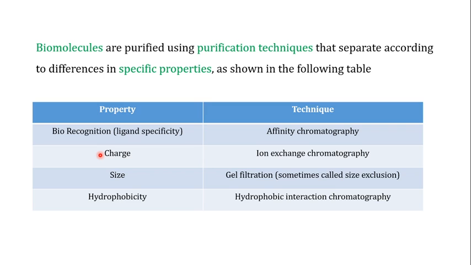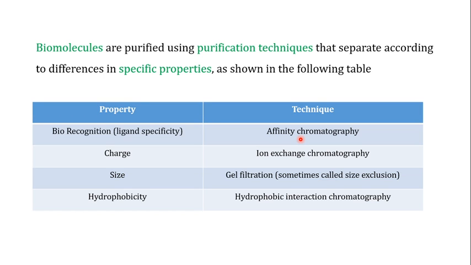Now, if you talk about biomolecules, they are usually purified using different purification techniques, and these techniques separate the biomolecules according to differences in specific properties. In the following table, I have given you some of the techniques that can separate biomolecules based on their specific property.